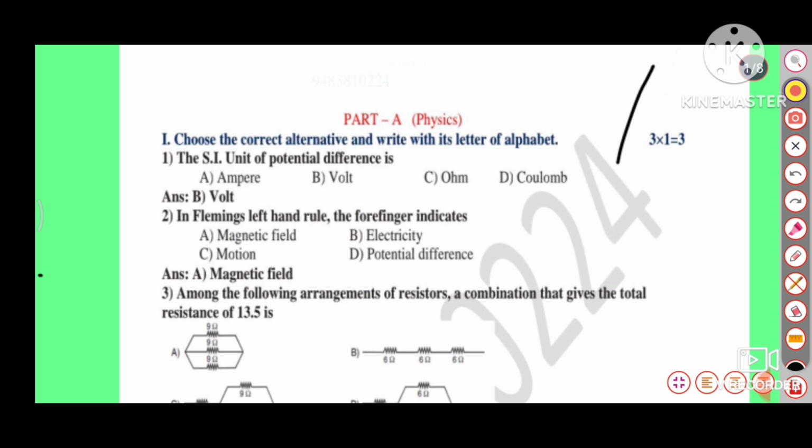The question is, the SI unit of potential difference is. Given 4 options: ampere, volt, ohm, coulomb. The right answer is volt.